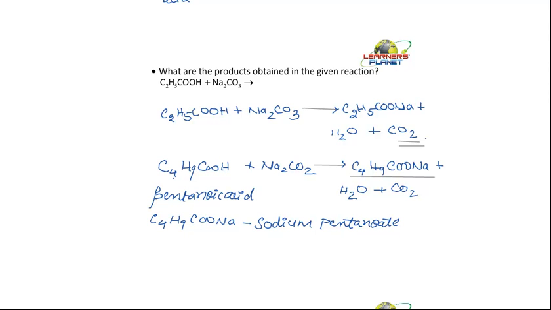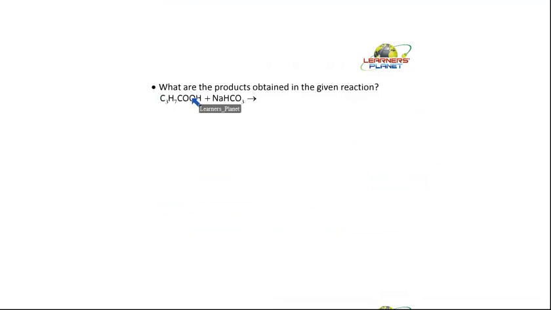Right? Now let's take up our next question. What are the products obtained in the given reaction, that is C3H7COOH. What will be the name of this compound, students? How many carbon atoms are there? There are 4 carbon atoms. So it should be butanoic acid. And what is this NaHCO3? It is sodium bicarbonate. So what will be the products obtained?